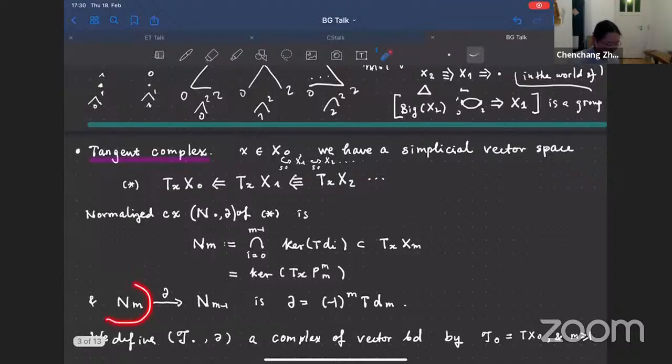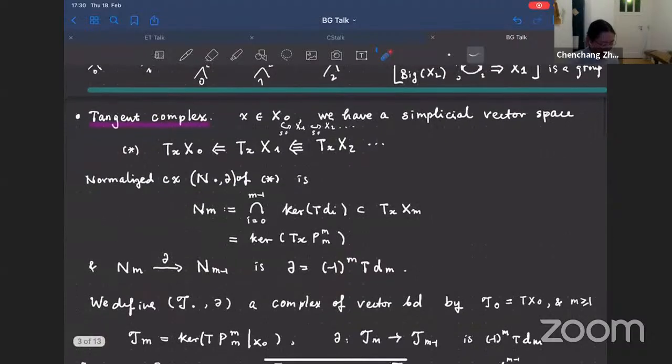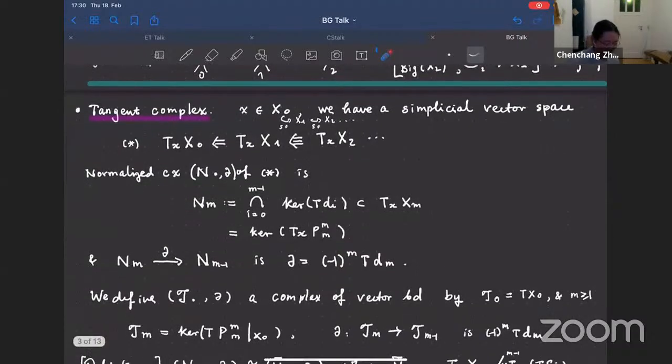Since it's a complex, we need the differential, right? The differential we use is the last face map.